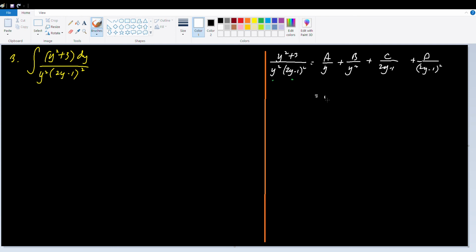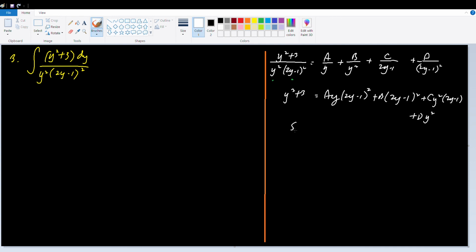So this will become ay times 2y minus 1 squared plus b times 2y minus 1 squared plus cy squared times 2y minus 1 plus dy squared equal to y squared plus 3. Okay?